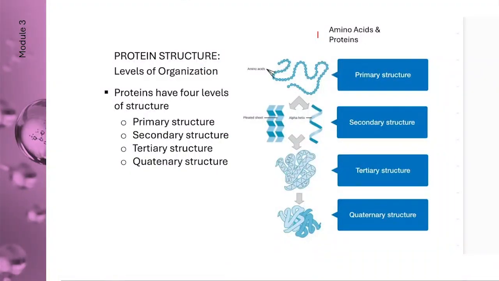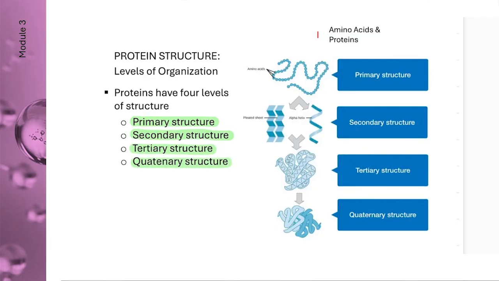In this slide, we're going to be discussing protein structure. So we have 4 levels that we usually use to explain protein structure. The first is the primary structure of the protein, the secondary structure, the tertiary structure, and the quaternary structure.